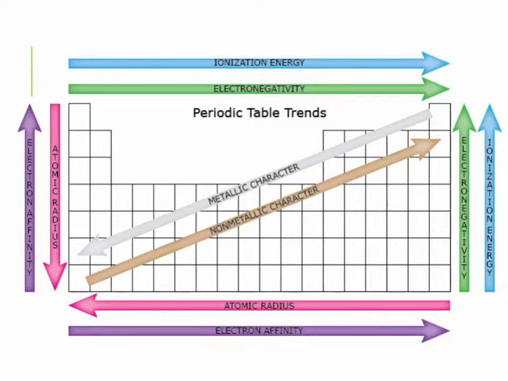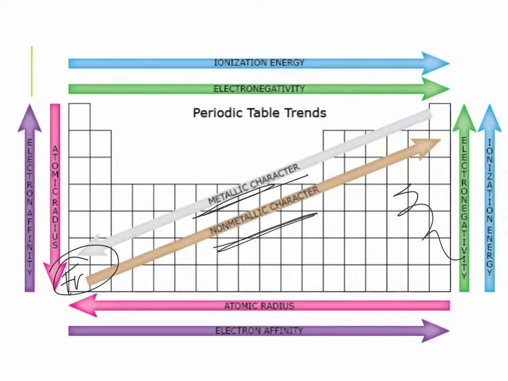The last thing I want to note on here is metallic character and non-metallic character. We know that metals are generally over here on the periodic table, and nonmetals are generally over here, but we can also think about it as you go down to the left, that metallic character increases. So francium is your most metallic.